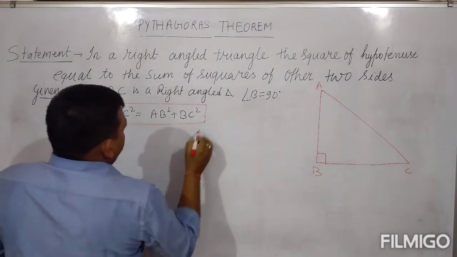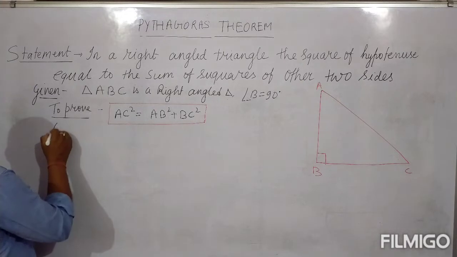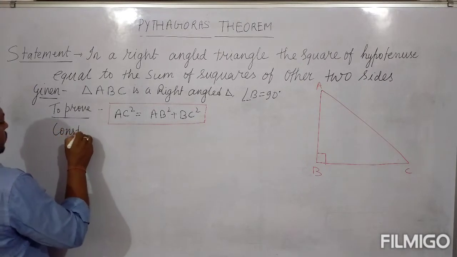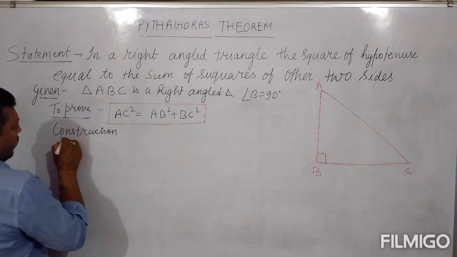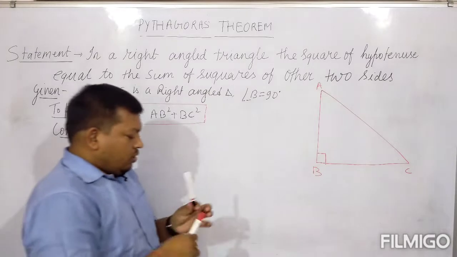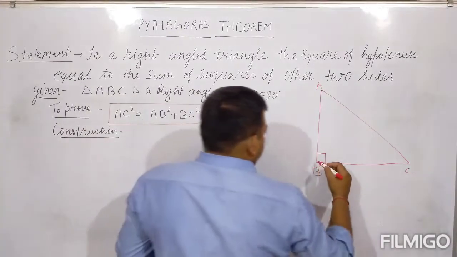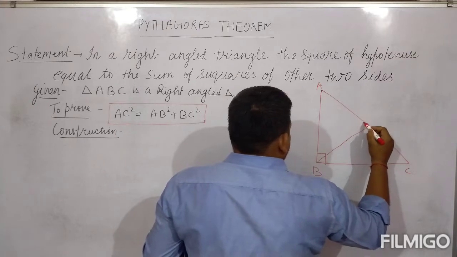For proving that, we have to perform a construction here. What is the construction? We have to draw a perpendicular on the hypotenuse from its opposite vertex, like that.